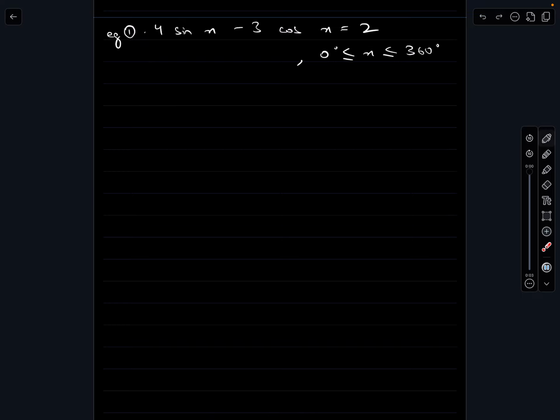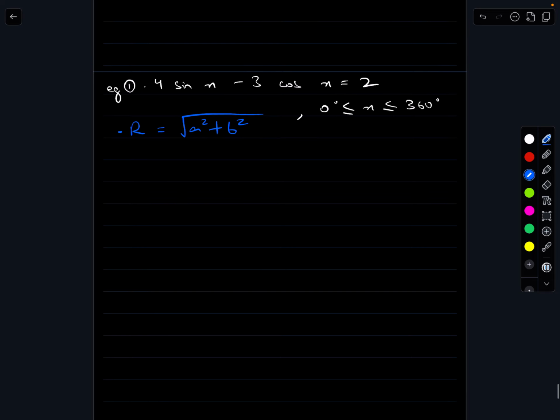First of all, the example which we took but did not solve. In order to solve this, the first step is calculating the value of r. R is equal to square root of a square plus b square. The question does not specify and we have sine first, so I'll express this in terms of sine.